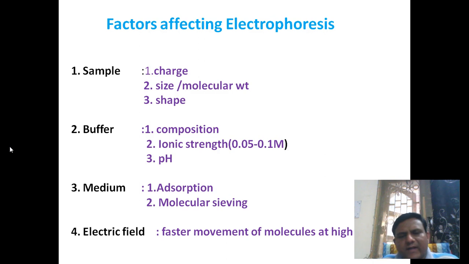If we provide a higher voltage to the electrodes, then under the influence of high voltage electric current, your molecule migrates toward the opposite charge electrode with a high speed, and if you decrease the electric field, then at a low voltage the molecules migrate toward the opposite charge electrode with a slower speed.